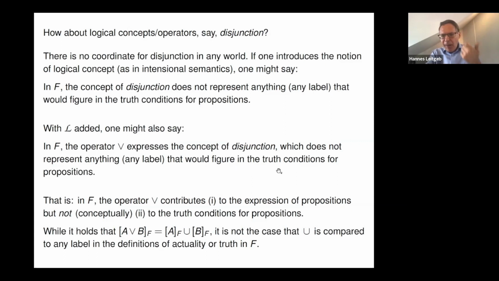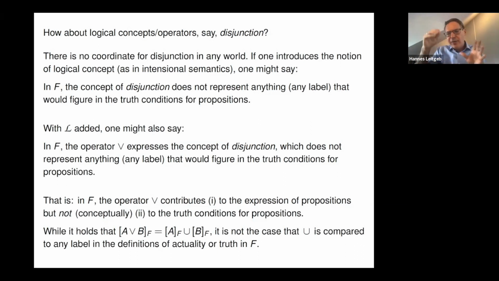So the logical operator for disjunction has just one role to play. It contributes to the expression of propositions, but it does not contribute additionally to the truth conditions of the propositions thereby expressed. Of course, it's true that the proposition expressed by A or B is the union of the proposition expressed by A and the proposition expressed by B. That's true, but that's all in the purely mathematical domain.